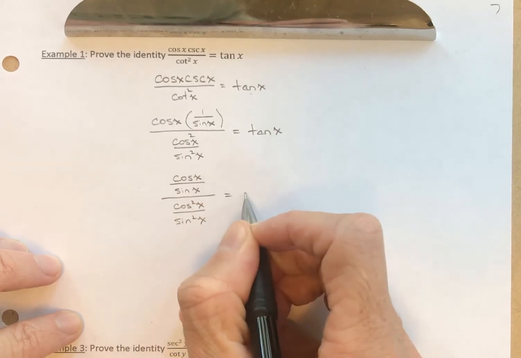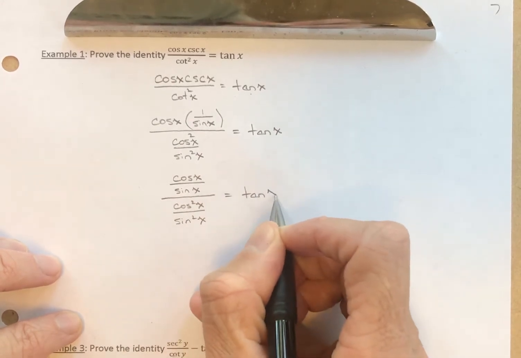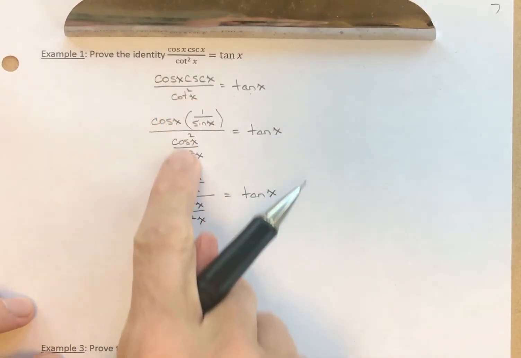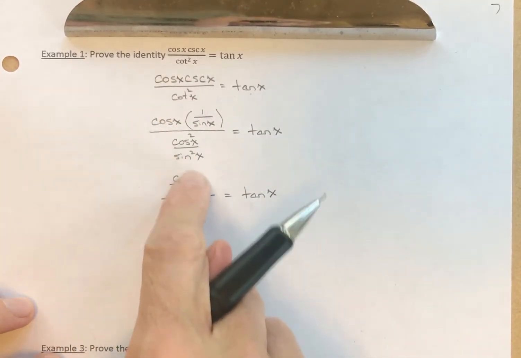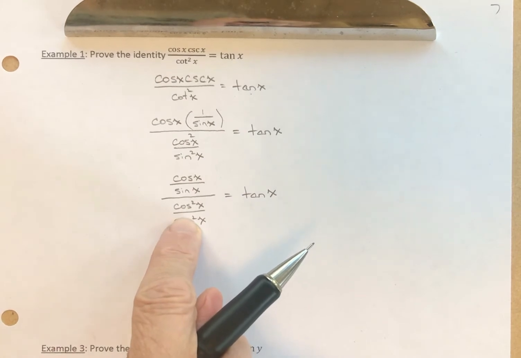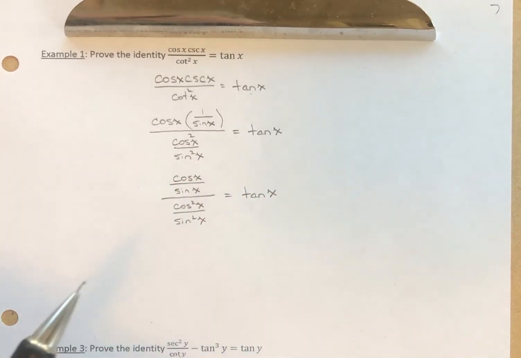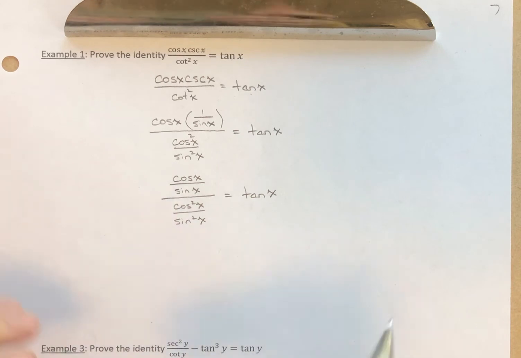Again, I'm trying to get the left side to match the right side. I keep using my identities to make adjustments, so I can cancel some things, or multiply and get something else, or use one of the Pythagorean identities.